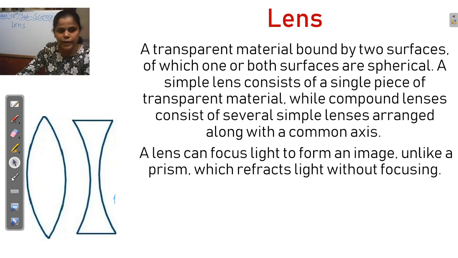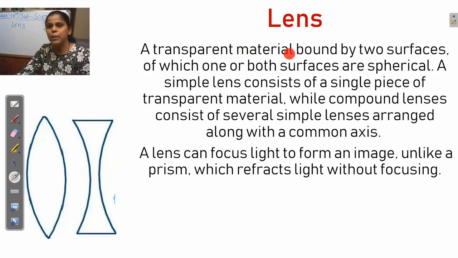So see the definition of lens. A transparent material bound by two surfaces of which one or both surfaces are spherical. Just see in this blackboard, two surfaces here. Consider these two circles, the position of the first circle and then the second circle.